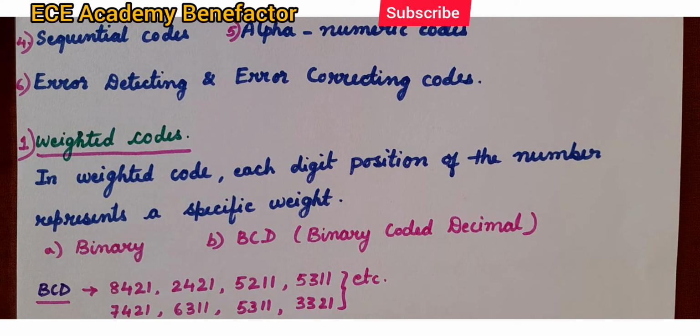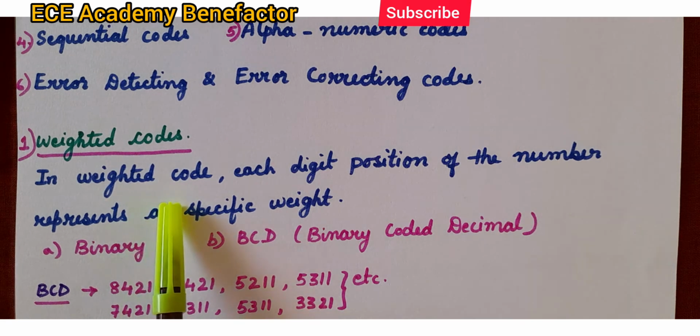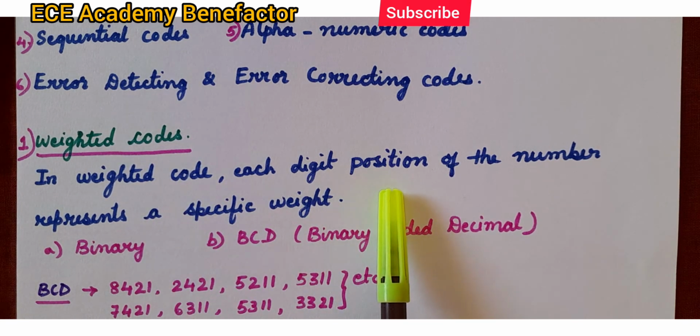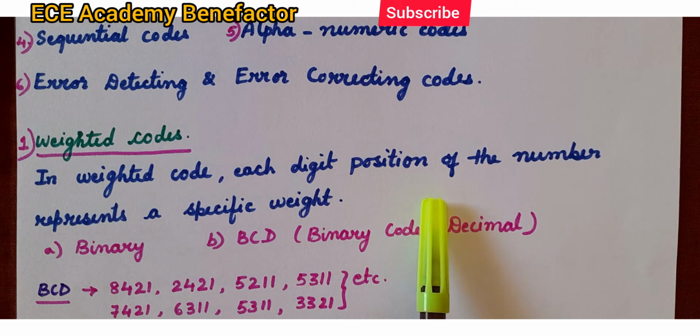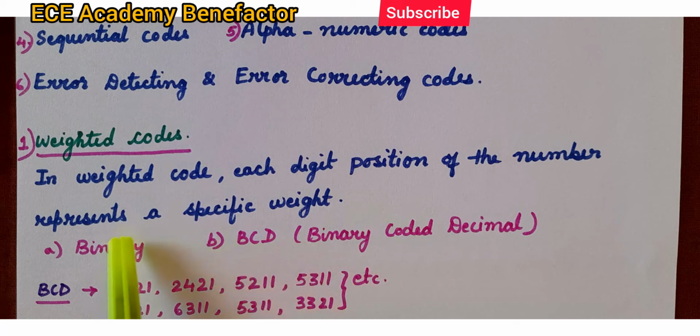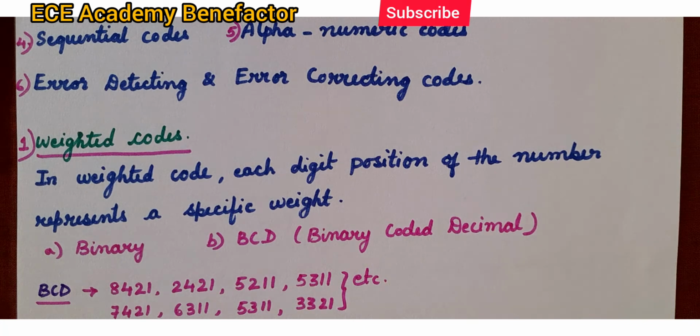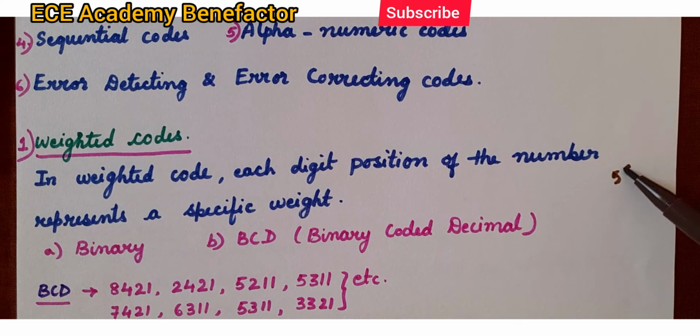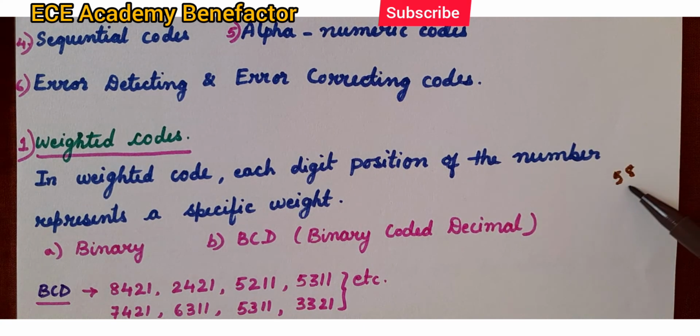Okay, so what do you mean by weighted code? In weighted code, each digit position of the number represents a specific weight. There is a certain weight for it. Suppose your number is 58, this is a decimal number. What is the weight of this digit?